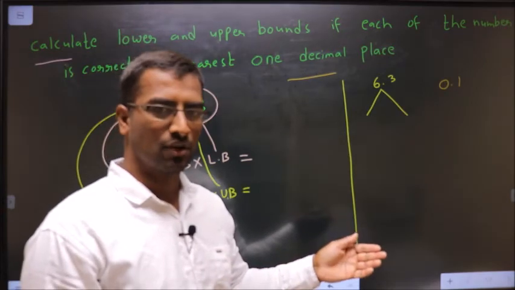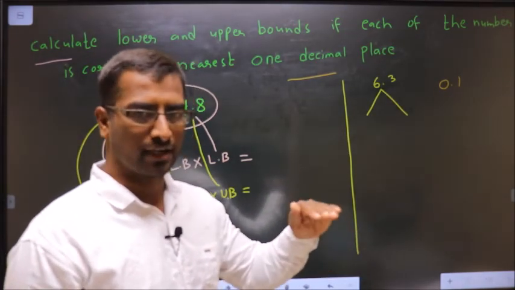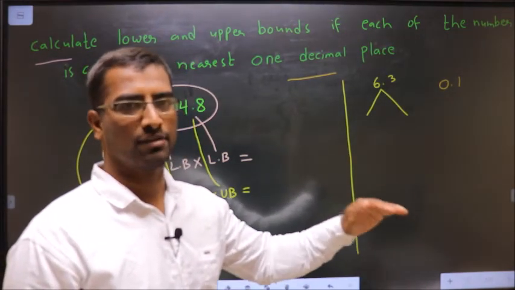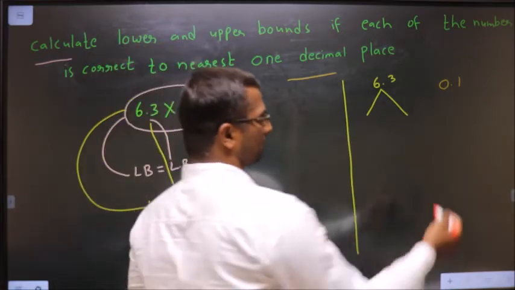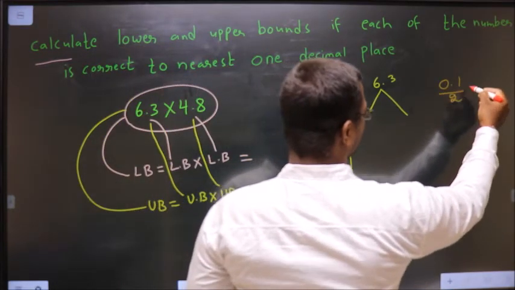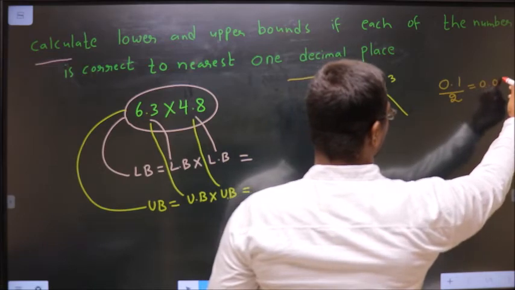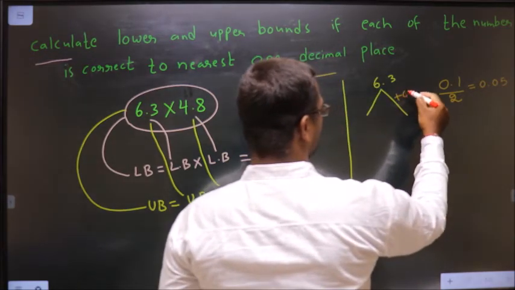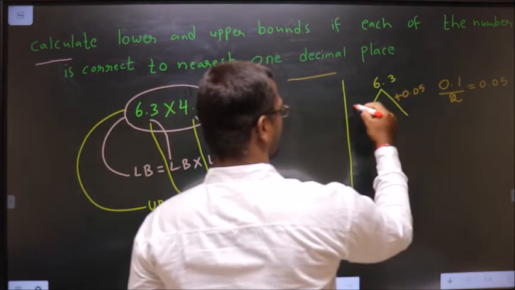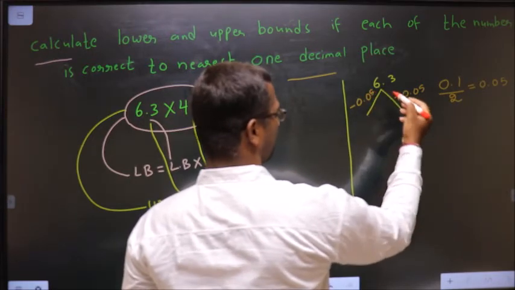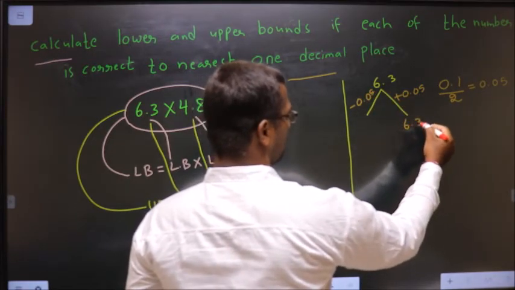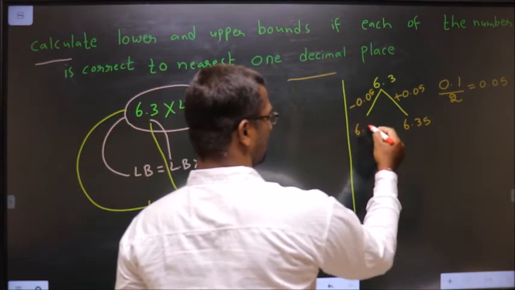It's nearest to whatever, you should do half of that. It's a rule: nearest to whatever, do half. So divide by 2, you get 0.05. So now add 0.05, subtract 0.05. So we get 6.35 and here 6.25.